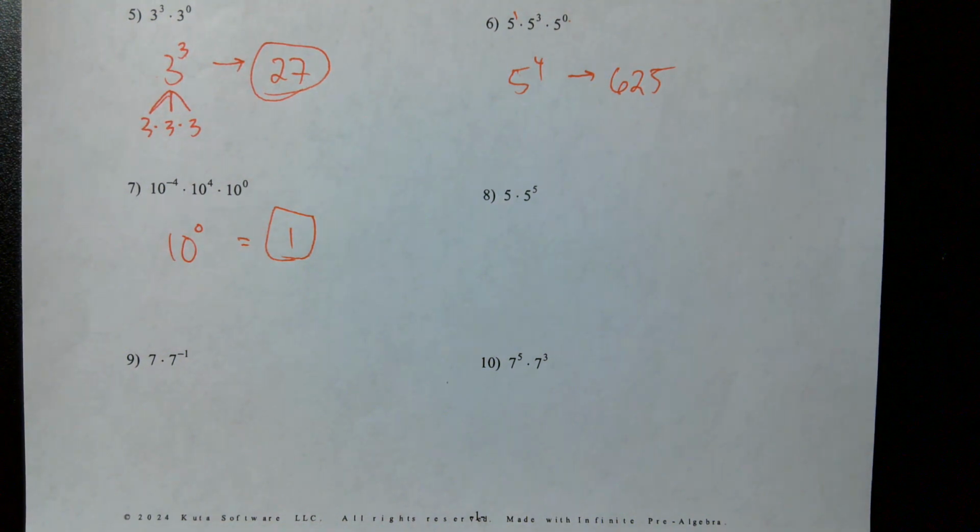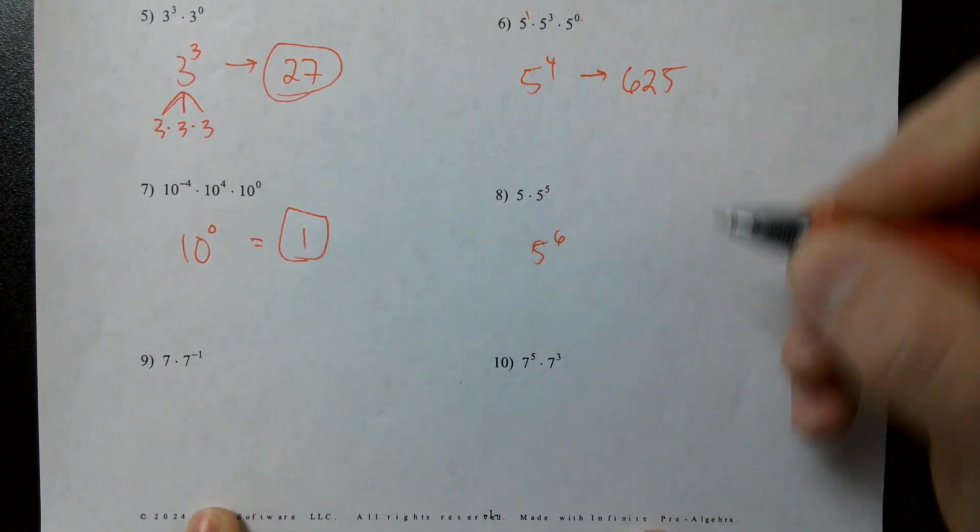So I could have a million raised to the power of 0. That's still equal to 1. So make sure you add that in there on number 7. If you raise a number to the power of 0, it is equal to 1. All right.